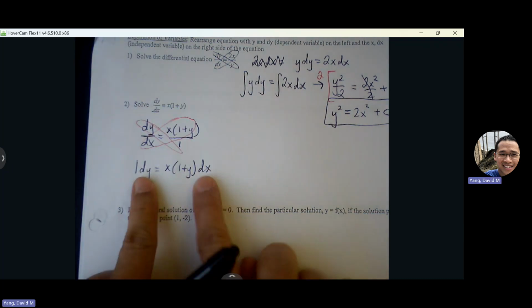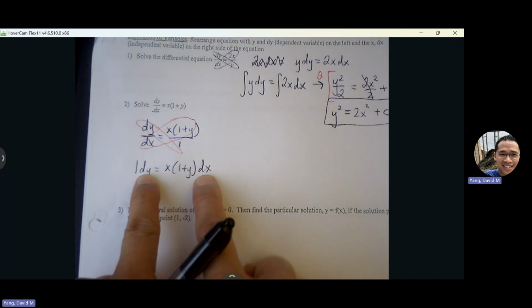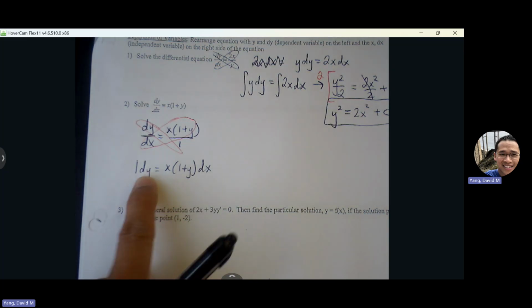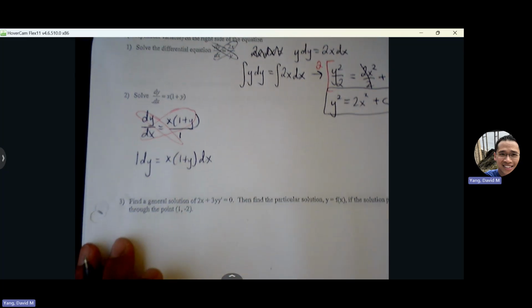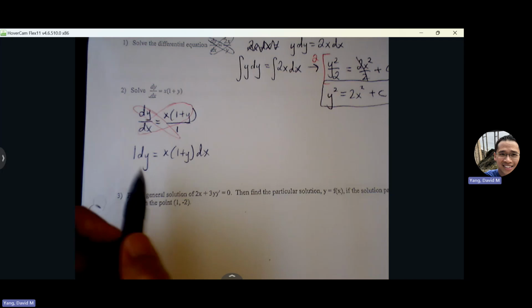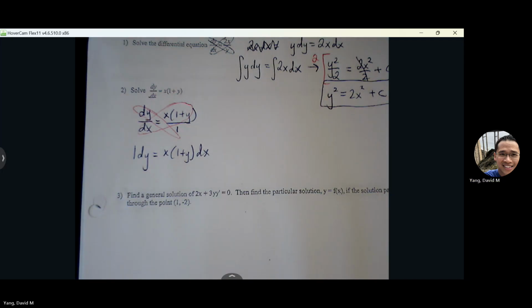That's my first goal. I want my dy in the numerator on the left. I want my dx in the numerator on the right. Those have to be in place. We don't ever want dy or dx in the denominator because then our setup is not going to be right. Okay. Any questions so far?